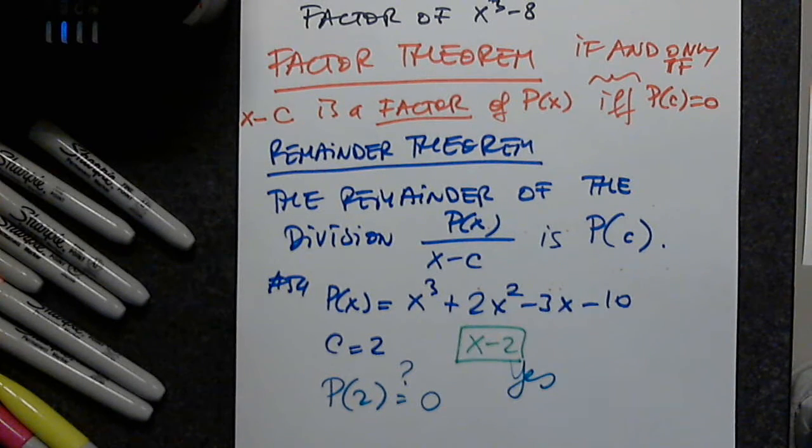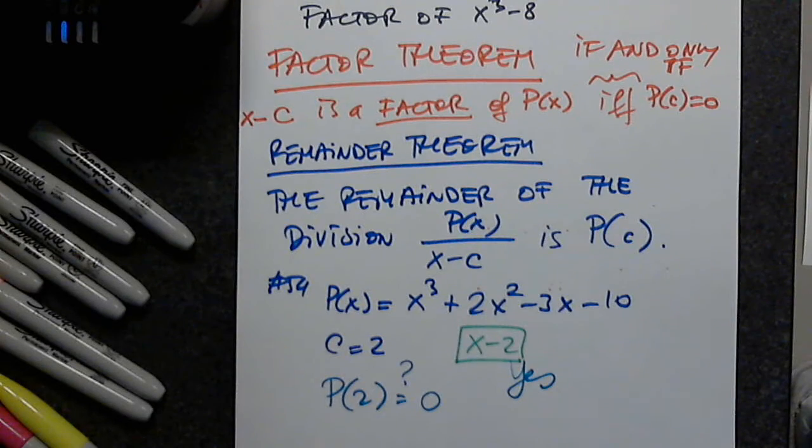Notice that these two theorems do not mention anything about the quotient. We only want to know whether a polynomial like x minus 2 or x plus 5 is a factor of some other polynomial. We don't have the quotient. The quotient is not obtainable either way; I need long division or synthetic division to find the quotient. This is only to quickly check whether this is a factor or not.